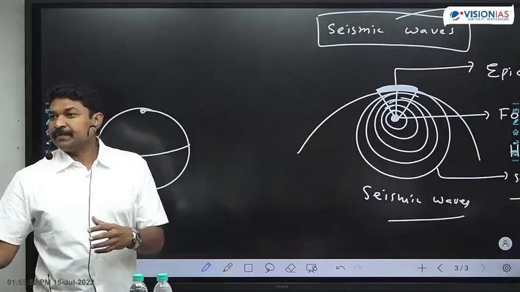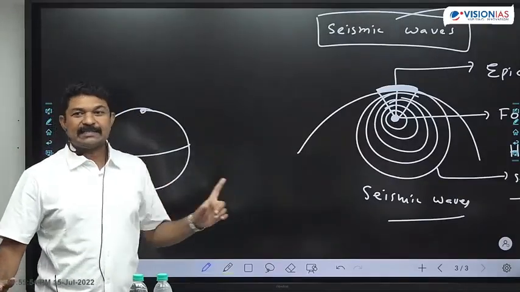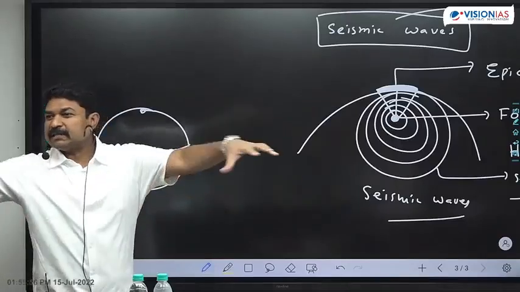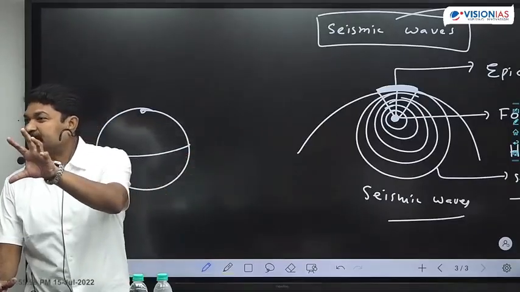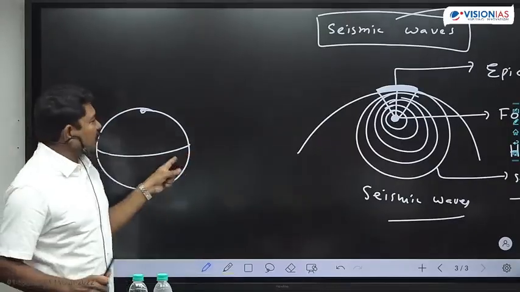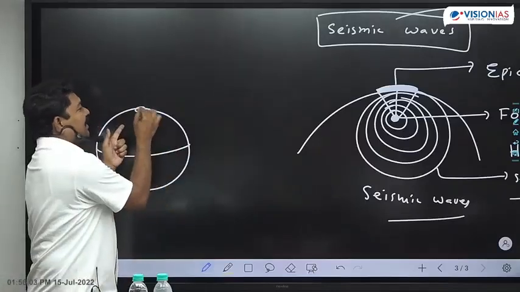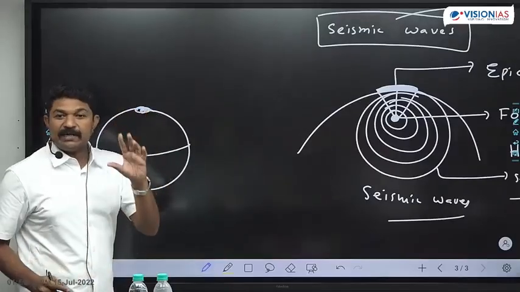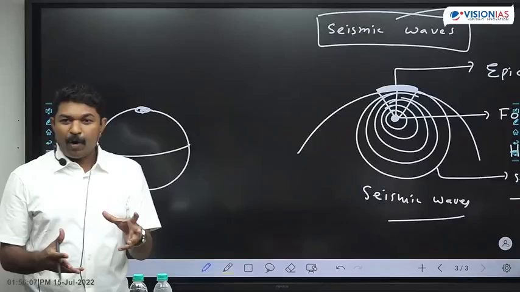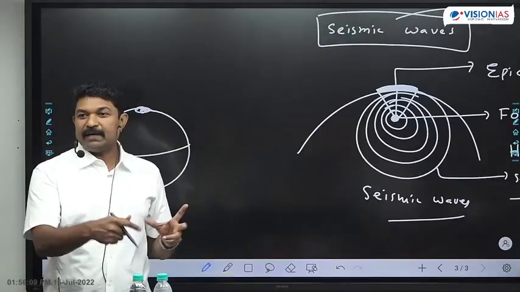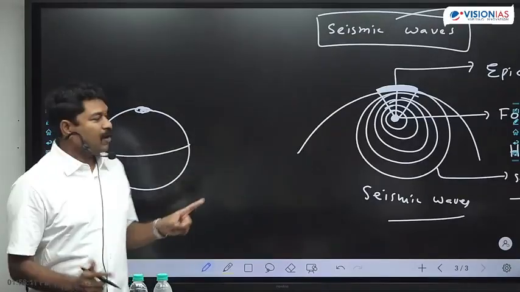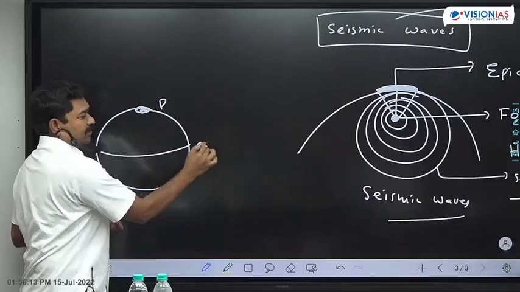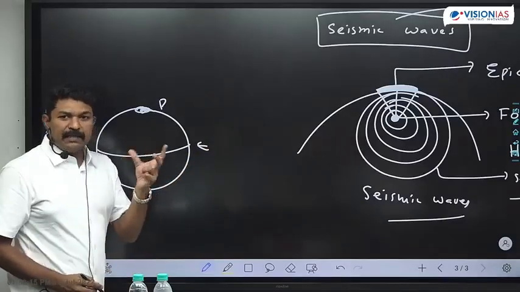Surface area. Because of the larger surface area, the gravitational pull is weak. The surface area here is less, therefore the gravitational pull is more. That is the main and very important reason why the gravitational force is different along the polar region and the equatorial region. There is another reason also.